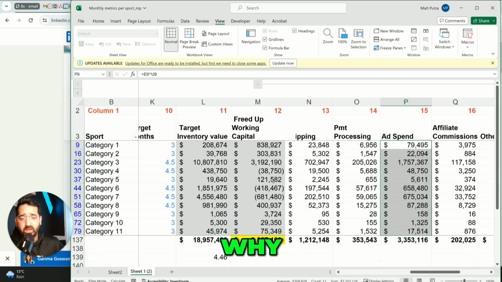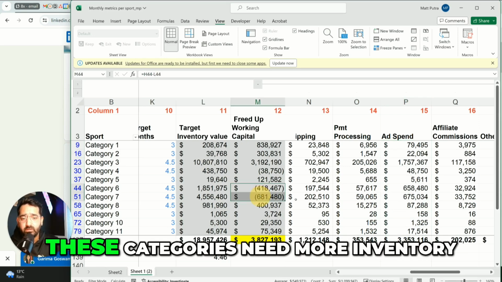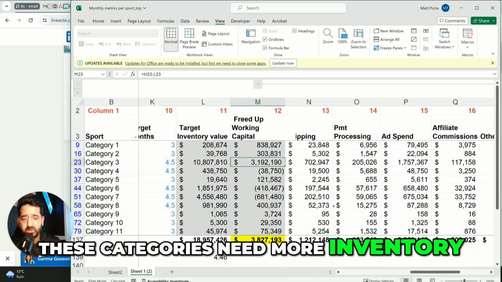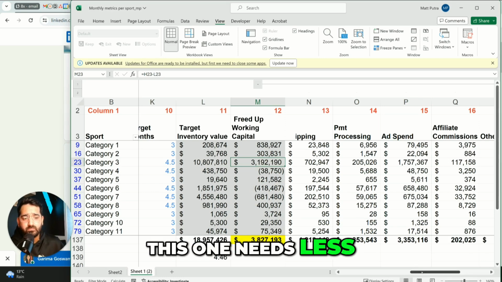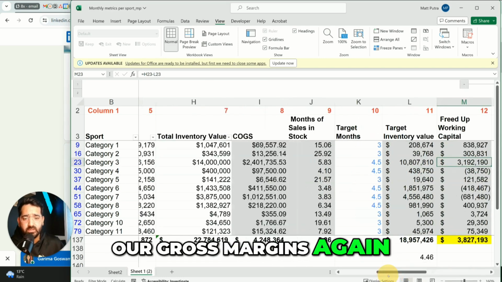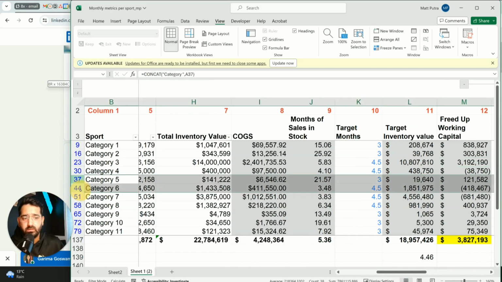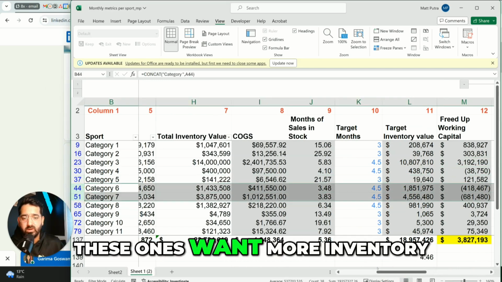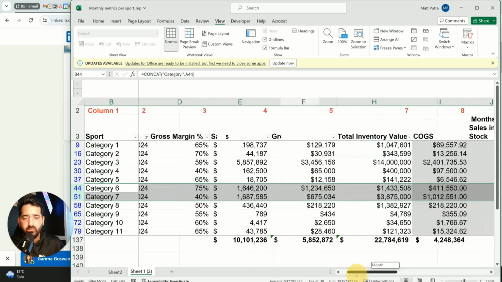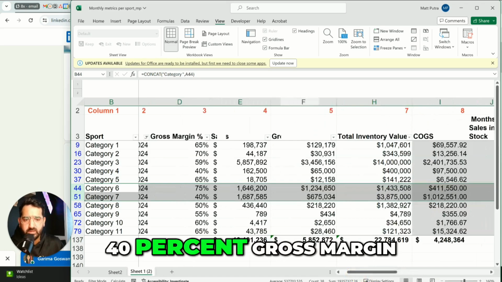Why? So these categories need more inventory. This one needs less. Well, let's quickly check our gross margins again. So remember, these ones want more inventory. But you note that this one is 40% gross margin.